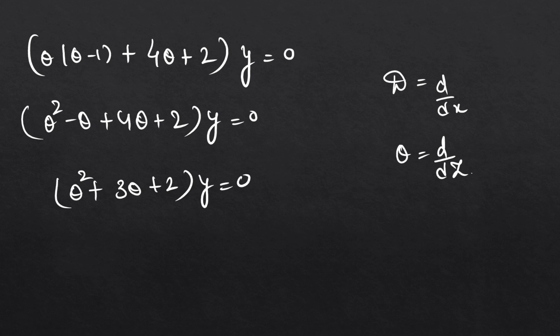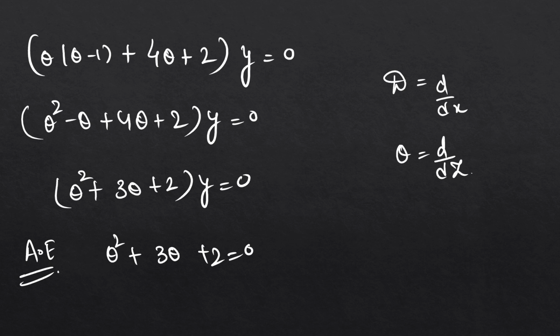What we will do here, firstly we will write down the auxiliary equation, because its complete solution is just the complementary function. So firstly we will write the auxiliary equation, that is theta square plus 3 theta plus 2 equal to 0. As we have done in our previous lectures, if in terms of theta square we have D square, how can we solve?